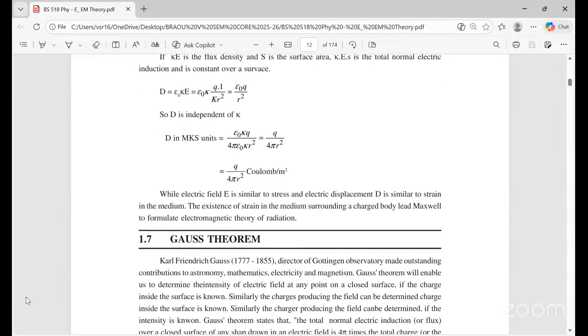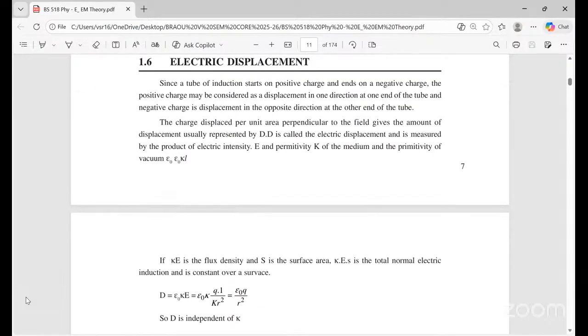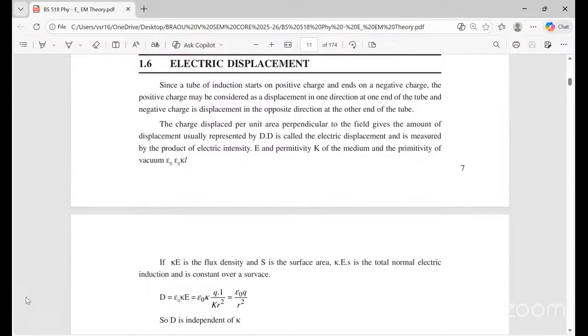Next, electric displacement. Okay. So the charge displaced per unit area, which is perpendicular to the electric field, gives the amount of the displacement, and which is represented by capital D. Formula is epsilon naught.